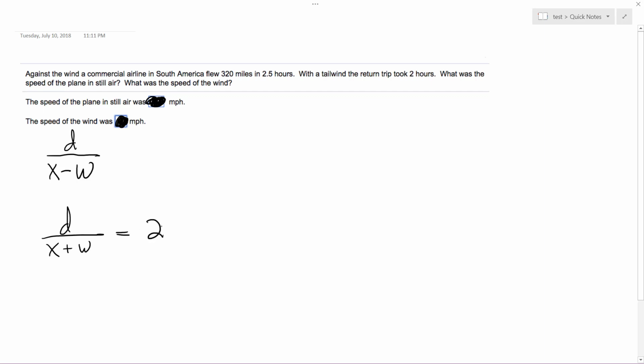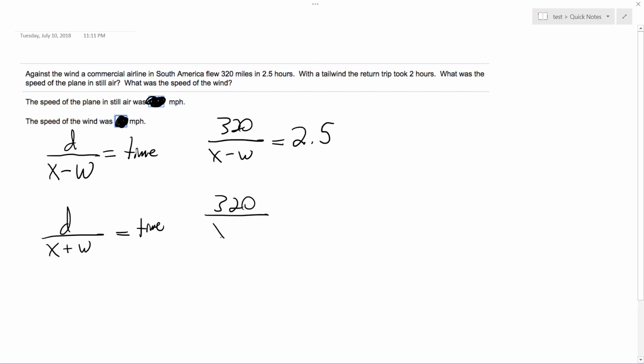These are times: 2 and 2.5. So we've got 320 divided by x minus w is equal to 2.5, and 320 divided by x plus w is equal to 2.